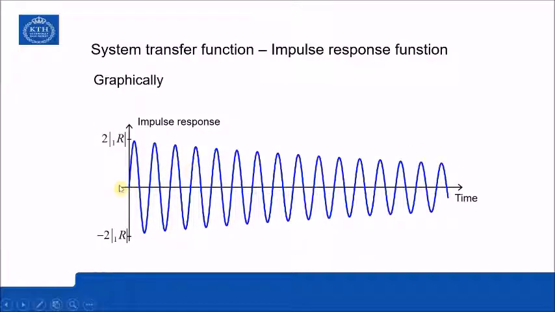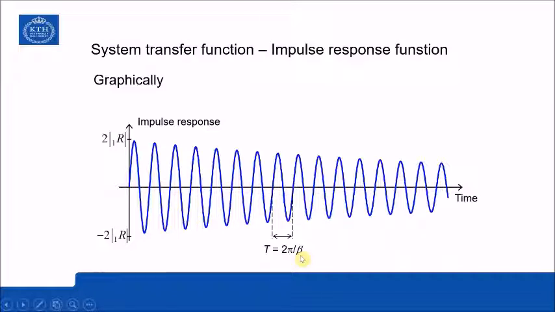So, a graphic interpretation now. If you plot this impulse response function, it will look something like this. The starting amplitude will be 2 times the magnitude of the residue. Then as you see, it will be decaying slowly, and you have a certain oscillation rate. The period of oscillation will be given by 2 pi over the imaginary part of the pole.